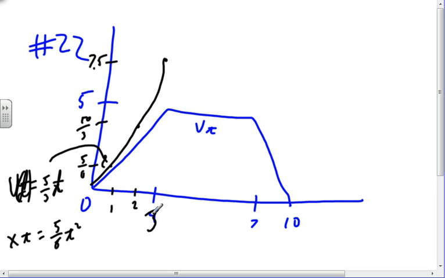So for 4 of these, I'm going to be at 5. 4 times 5 is 20. So that means I'm going to go in a straight line up to 20. Now my slope is negative, but it's the same slope as I had that way.